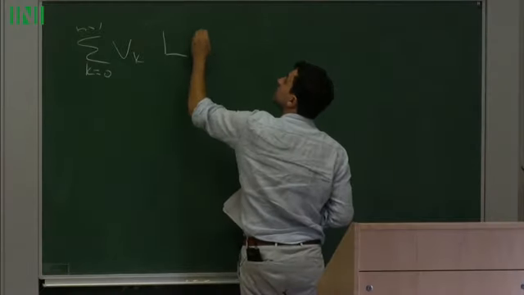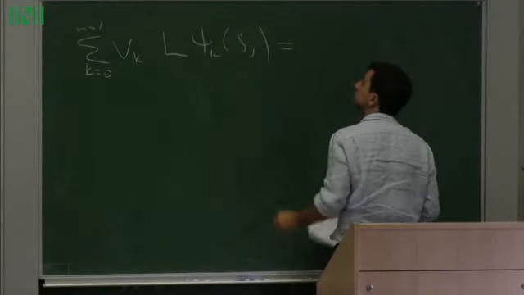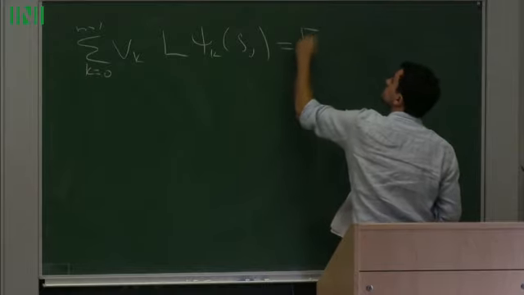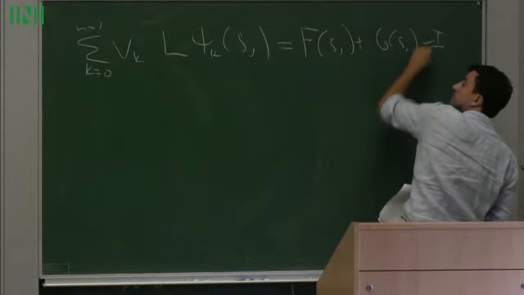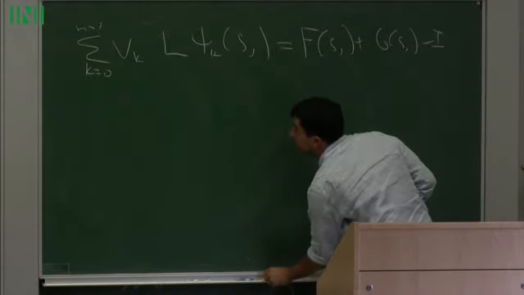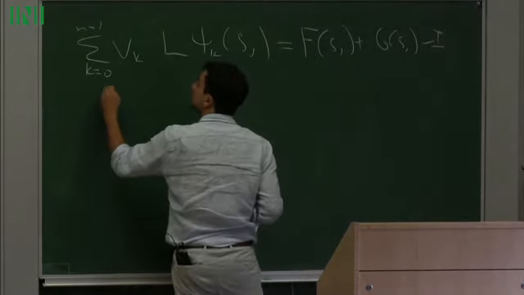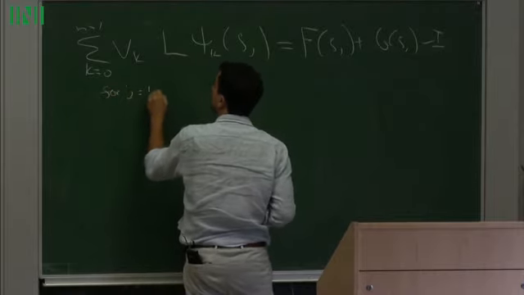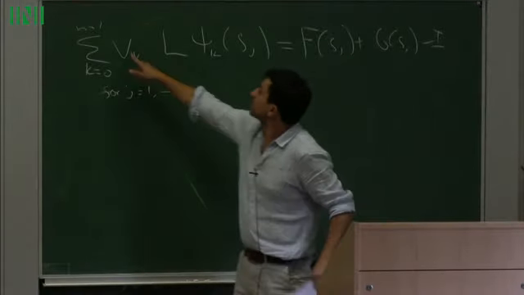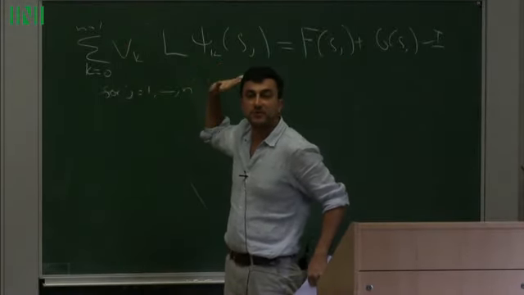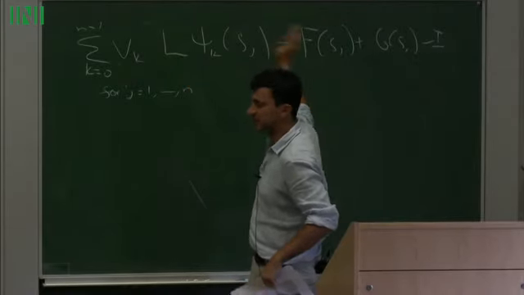These are our unknowns, for j equals 1 through n. This gives us an n by n matrix, well, if these are d by d matrices, so in the scalar case it gives us an n by n matrix. In the matrix case it's a little bit more complicated, but it's essentially the same thing.